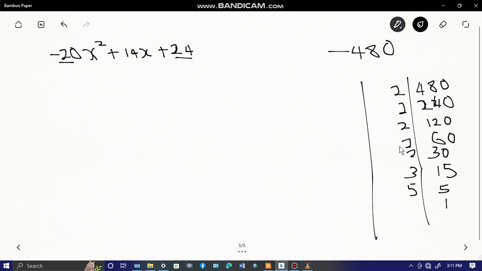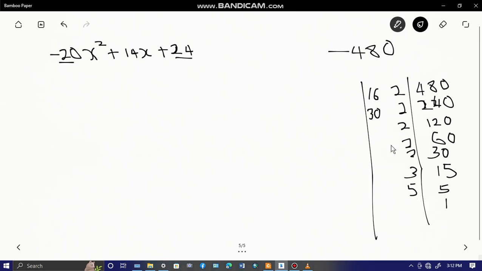Now from my factors, I need a combination that will add to 14. Let's try to combine 2 times 2 times 2 times 2. That is 2 to the power 4, which is 16. And then the remaining 2 times 3 is 6, and 6 times 5 is 30.